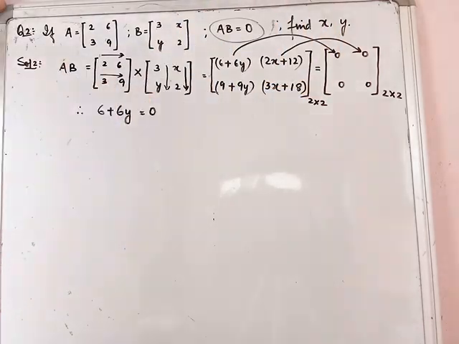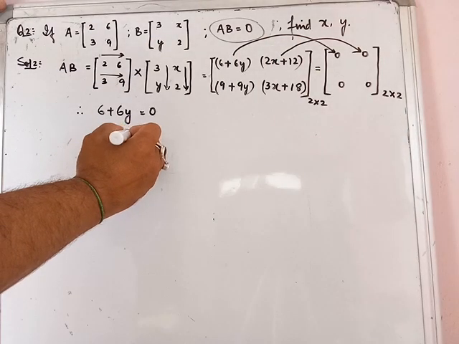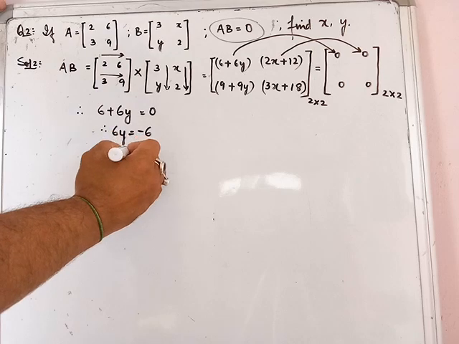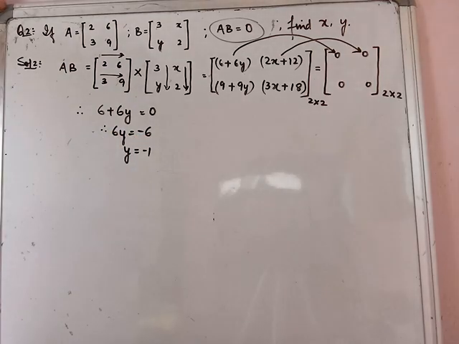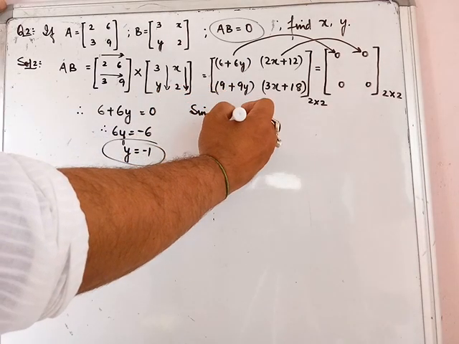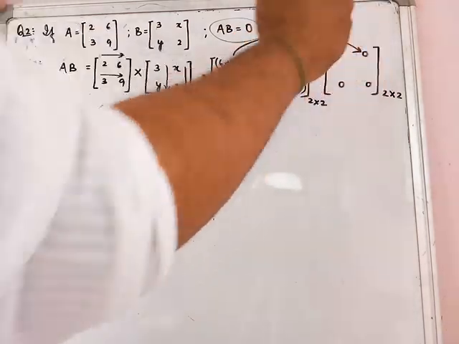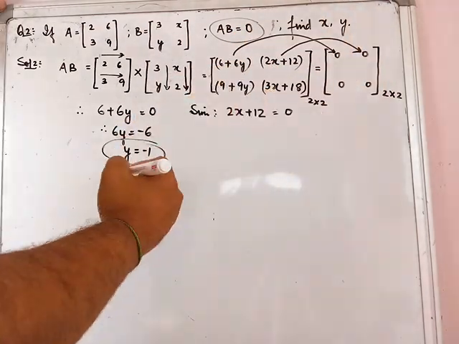So therefore we write comparing 6 plus 6y, which is the first element in this matrix, will be equated with the first element in the other matrix also. So therefore you can see 6y is equal to minus 6, y becomes minus 1. Okay, so that is one value that you have got. Similarly, you can say 2x plus 12, which was this entry, is correspondingly equal to this 0.